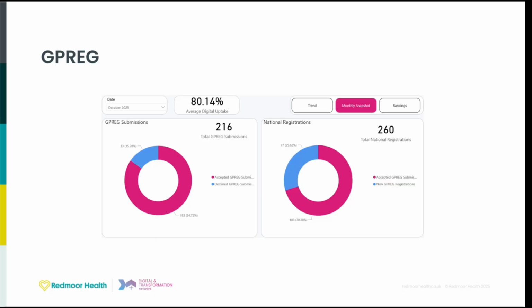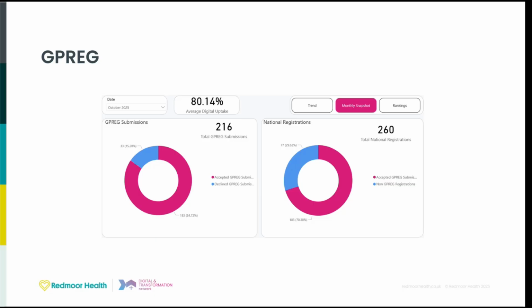And the overall digital uptake of registrations is shown alongside those non-digital routes. Looking at this collectively helps PCNs move beyond individual practice performance and understand how consistent the registration journey really is for patients across the network.